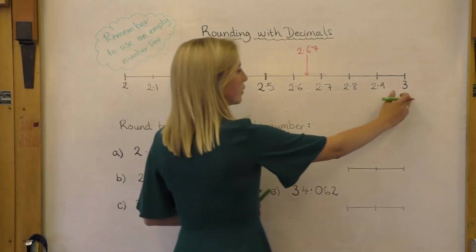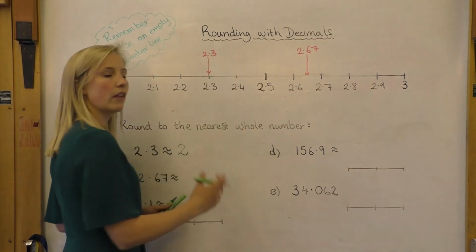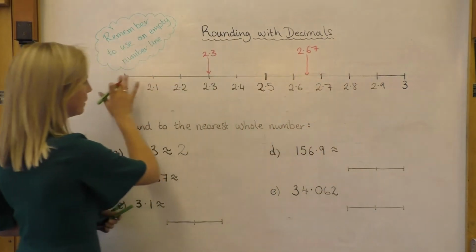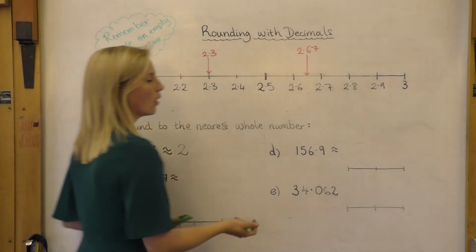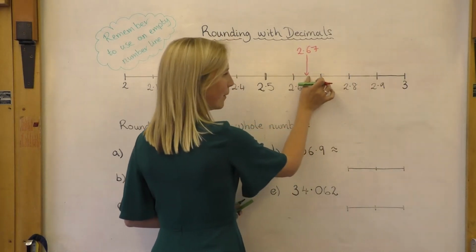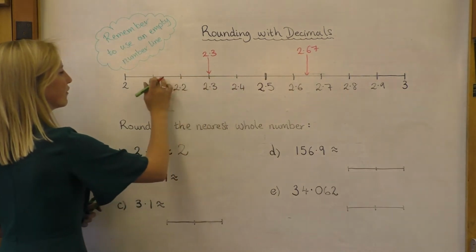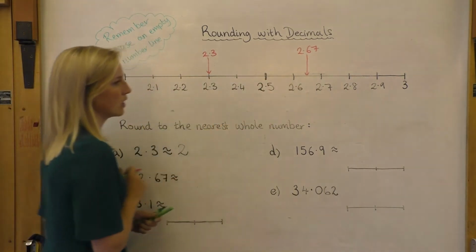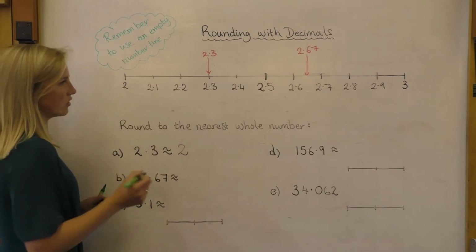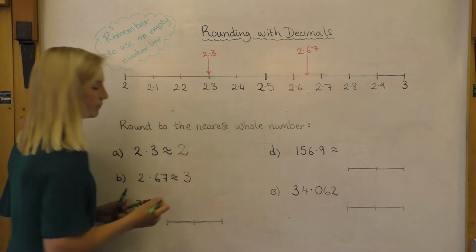Well, it's going to be closest to the whole number of 3 because it's bigger than our 2.5. So this gap here is going to be less than this gap here. Or in terms of jumps, it's only 1, 2, 3 and a bit jumps to the 3, but it's 1, 2, 3, 4, 5, 6 and a bit jumps to the whole number of 2. So 2.67 is roughly our whole number of 3.